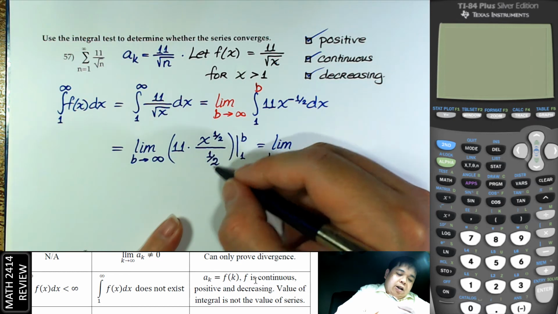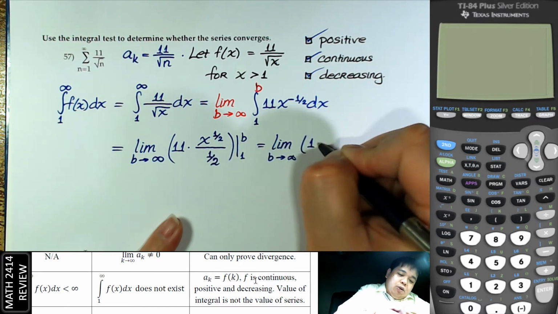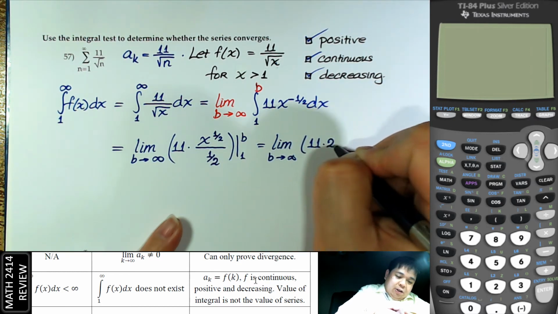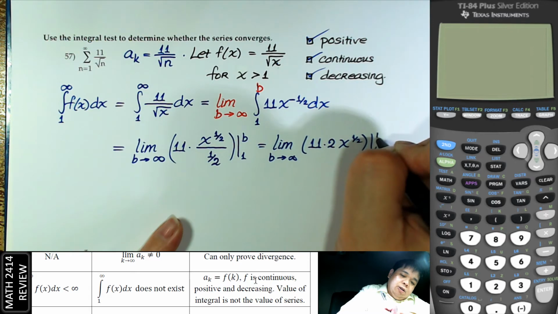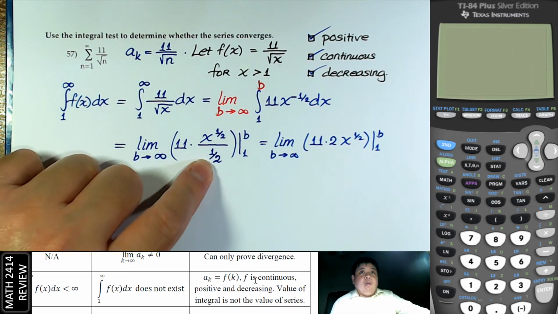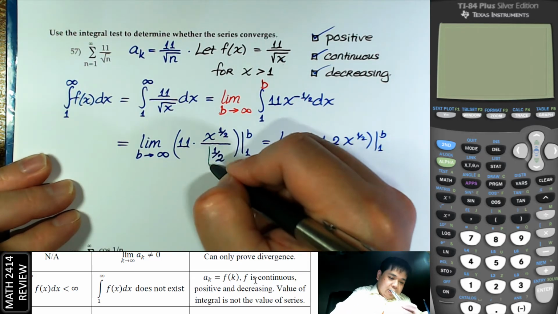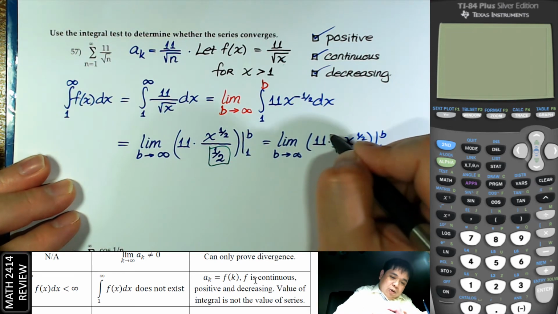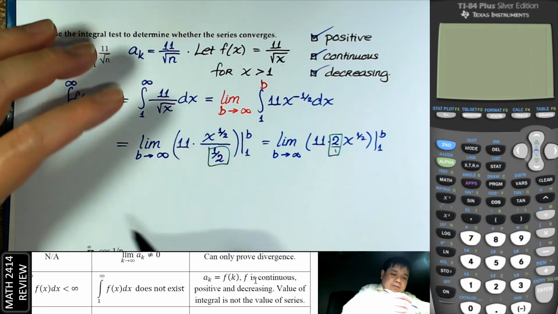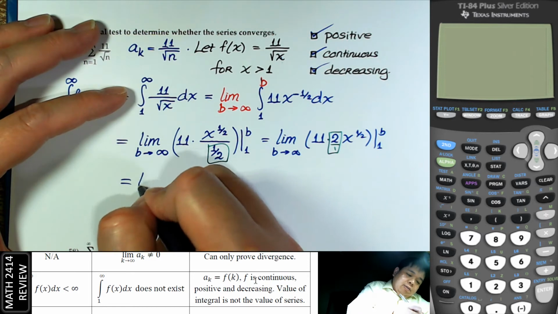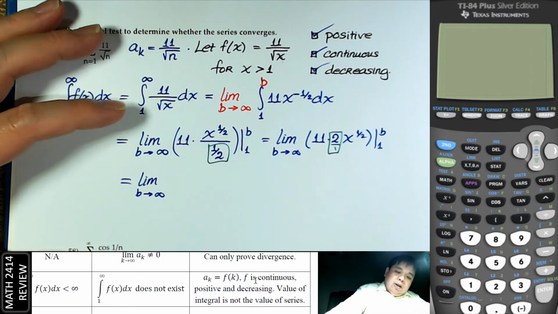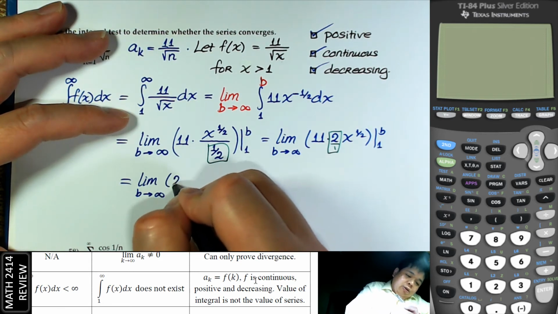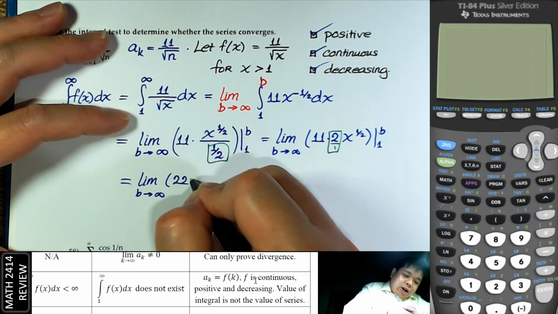So divide by 1/2 is multiply by the reciprocal, 2 over 1, or just 2. Right, so that gives us 2 x to the 1/2, square root.